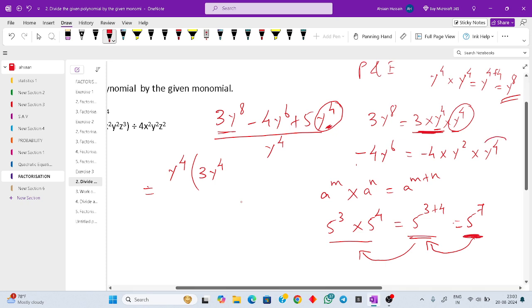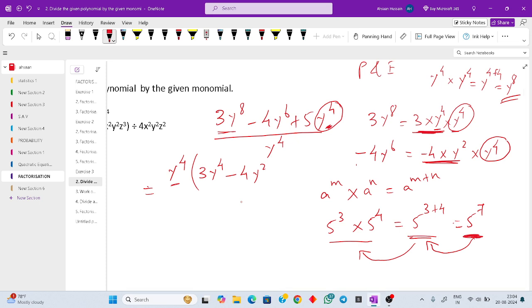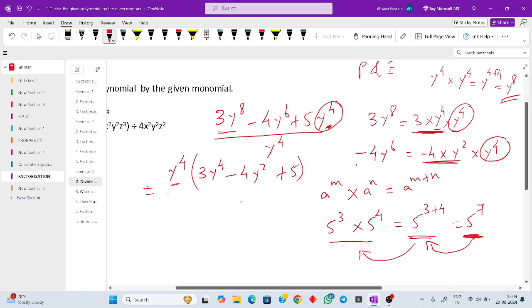So y power 4 is common, which we have already taken as common, and what is left is minus 4y square. And from here, we can directly take y power 4 as common, and what is left is plus 5. Divided by y power 4.